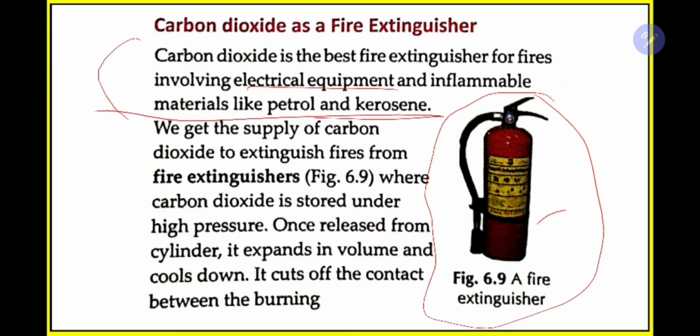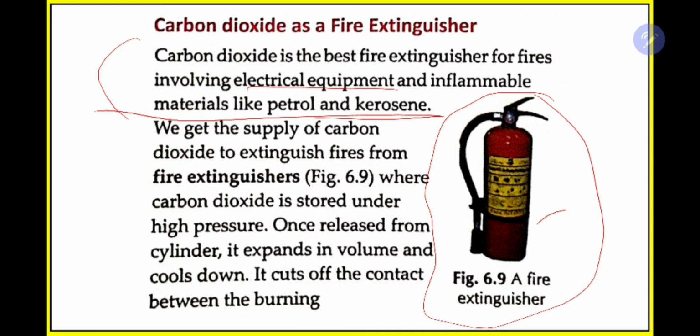So if the fire is due to a short circuit, that is, electric wire involvement, or is due to petrol, kerosene, diesel, then we can use a CO2 fire extinguisher as the best option instead of water.